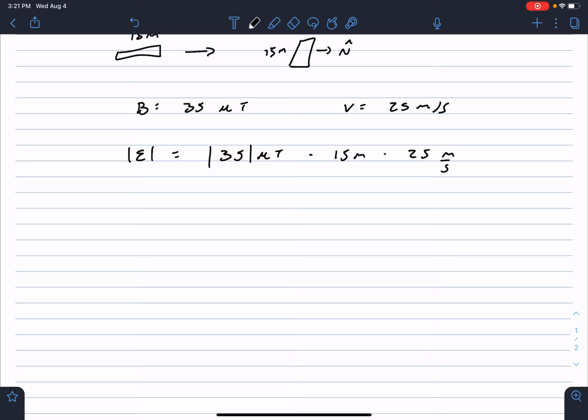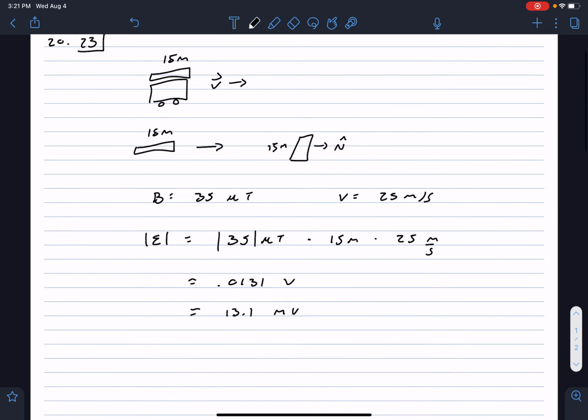And we get a value of about 0.0131, and that gives us 13.1 millivolts. So that was a pretty straightforward problem, kind of fun.